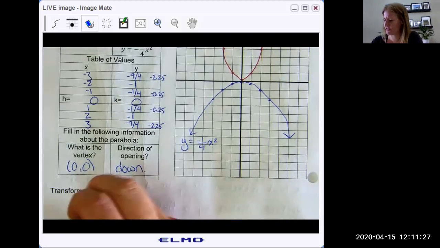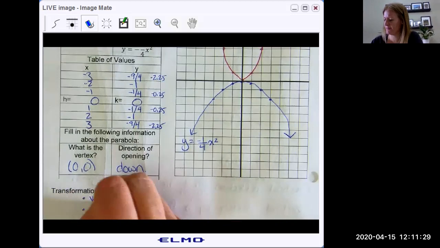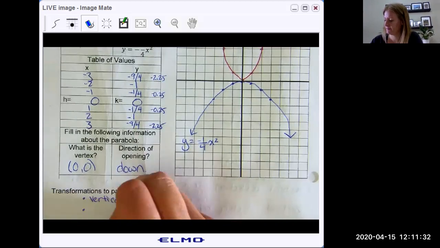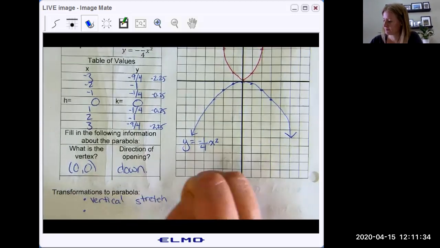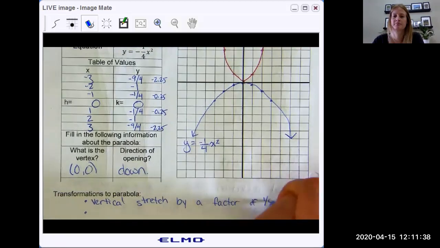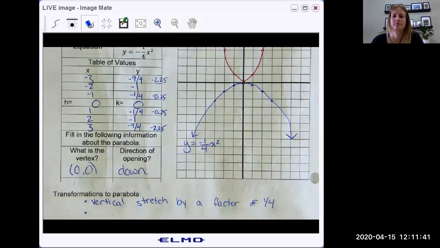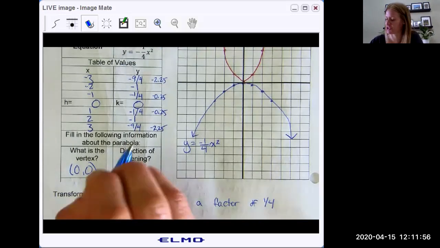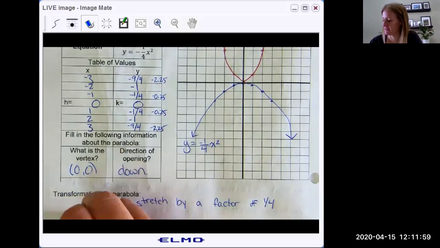Yep, nice, Kendra. Vertical stretch by a factor of 1/4. And there's the other one, vertical reflection about the x-axis.